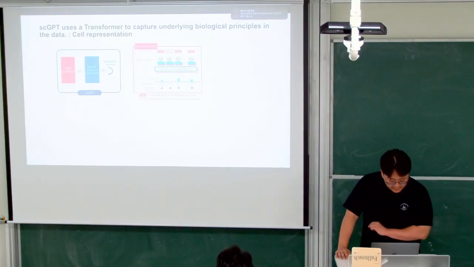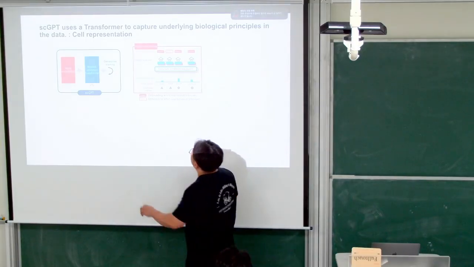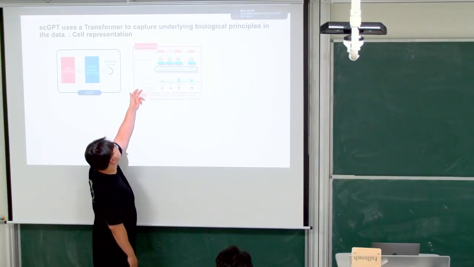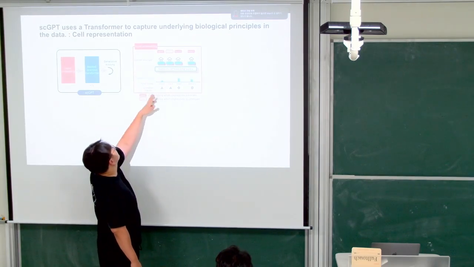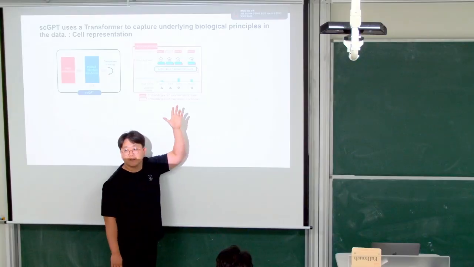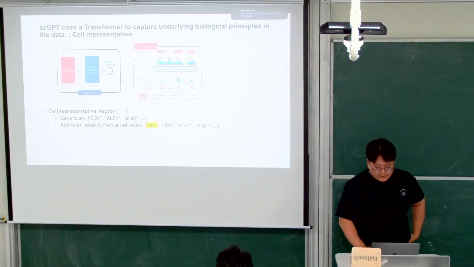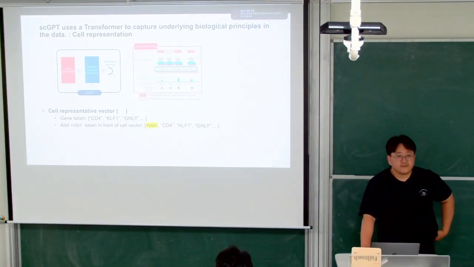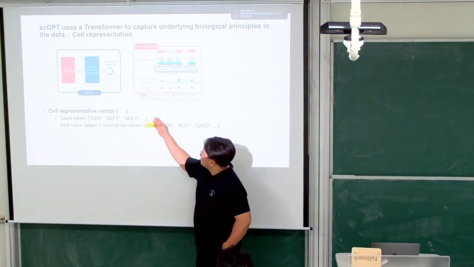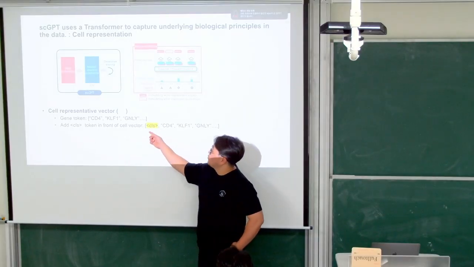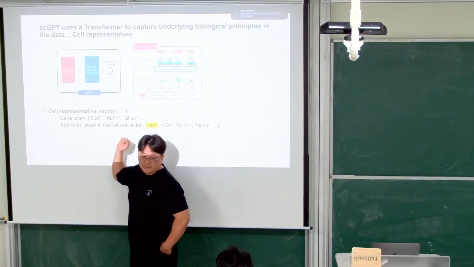Using this different information and separate embedding layers, we can get the full embedding for each gene. But they add an additional token for each cell in front of all the genes, and they use this token as the cell representative vector.